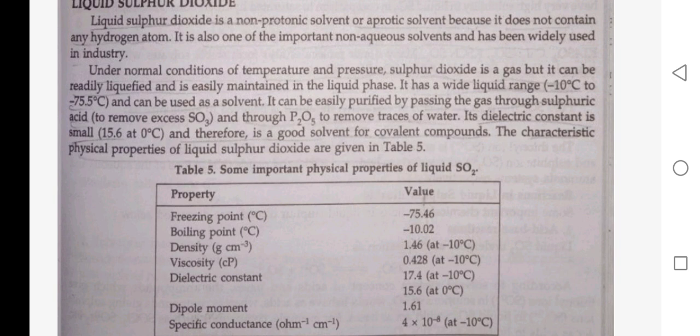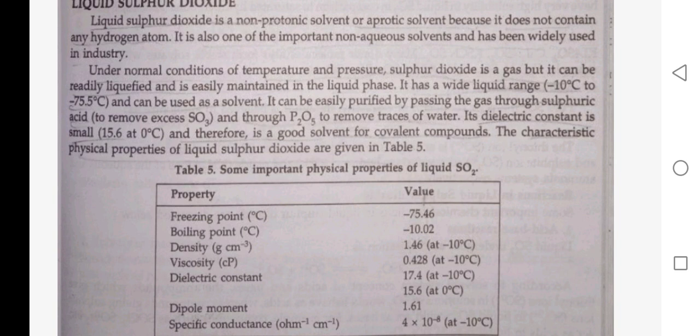It has a wide liquid range, minus 75.5 degrees Celsius to minus 10 degrees Celsius, and can be used as a solvent. It can be easily purified by passing the gas through sulfuric acid and over P2O5 to remove traces of water. Its dielectric constant is small and therefore it is a good solvent for covalent compounds.